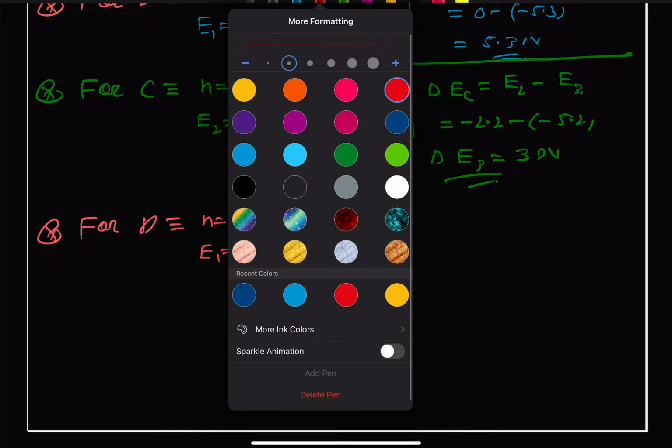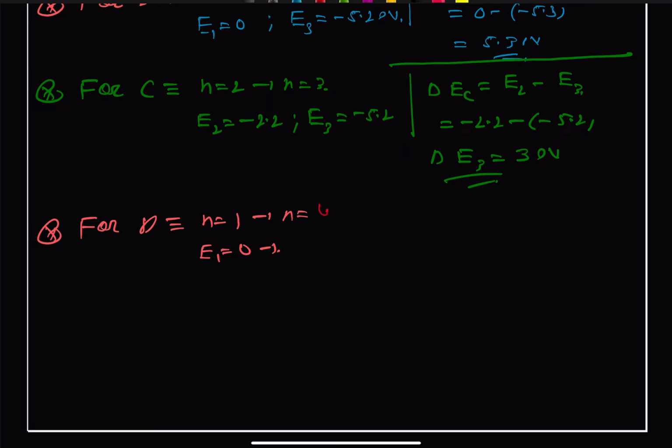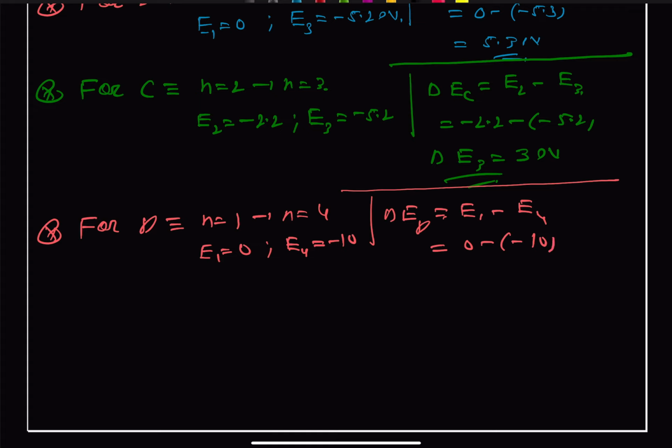It starts from 1 and ends at 4. So E1 is 0 and E4 is equal to minus 10. Therefore delta ED will be equal to E1 minus E4, giving us 0 minus of minus 10. So delta ED will be equal to 10 electron volt.